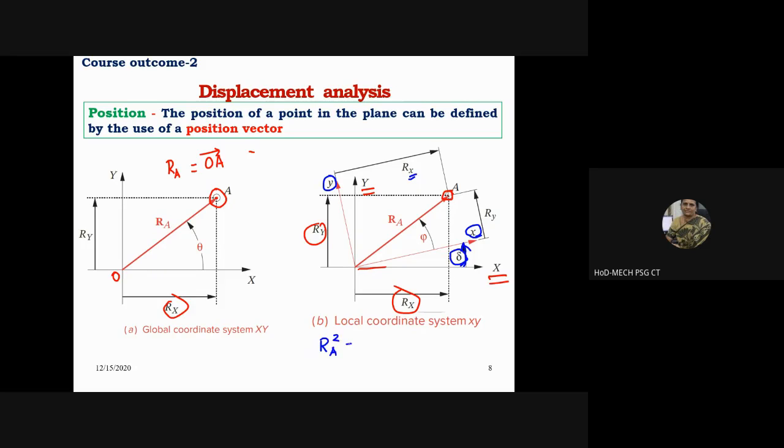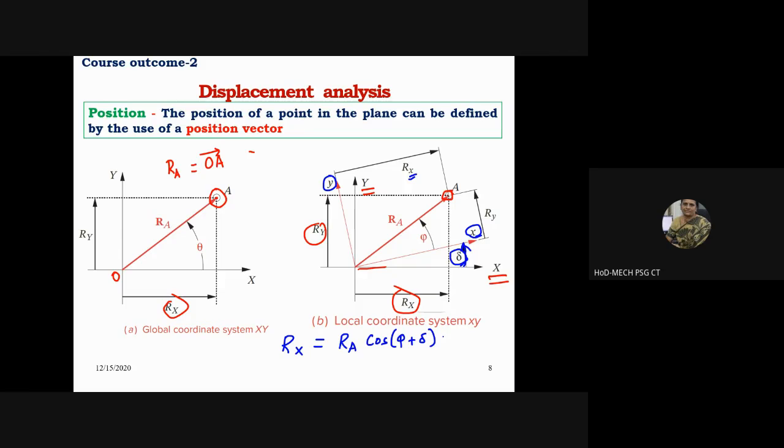Isn't it? RA squared can be represented as Rx squared plus Ry squared. Is it not? Or you can also represent, what I mean to say is, Rx or capital X can be written as RA cos (phi plus delta).